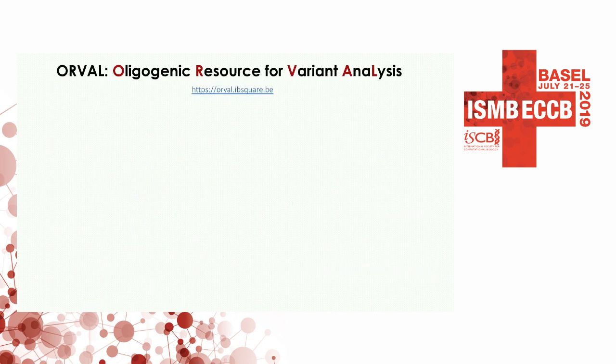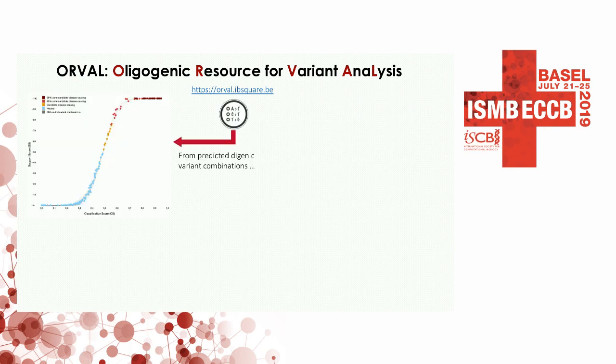All those prior developments led to the creation of ORVAL, a platform that can be used by researchers to analyze variants, make combinations, and assess them with oligogenic resources. Users can submit variants in this online tool, and a predictor will classify them as either likely to be pathogenic or neutral.